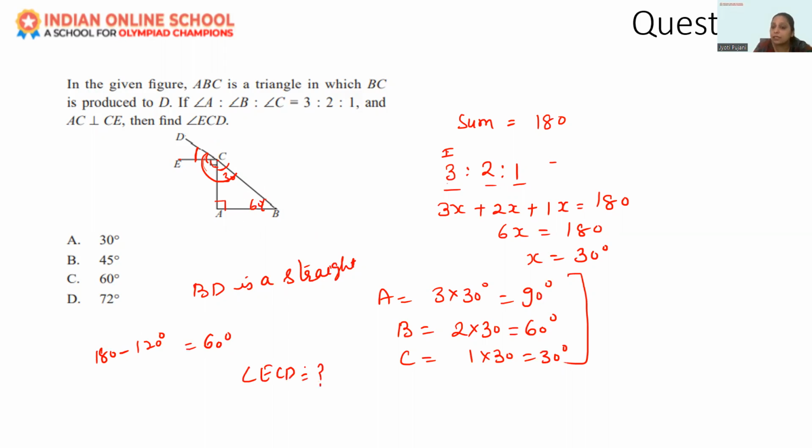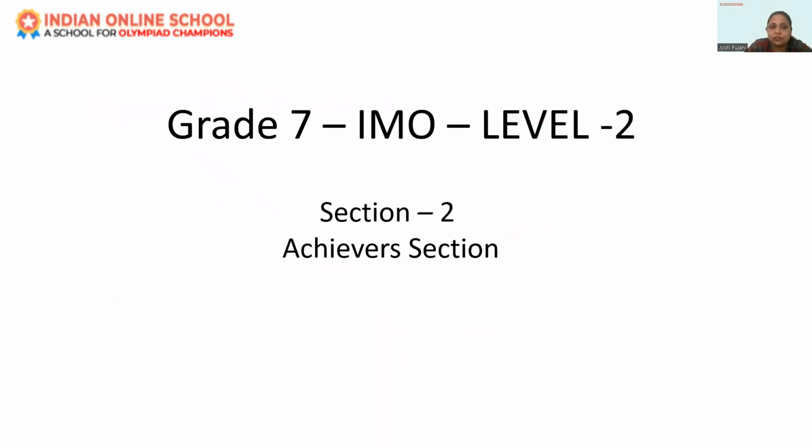Got it, everyone? I am explaining this one again. This angle is 30 degree. Okay, this is 90 degree as this is given. 30 plus 90 is 120. What should be added to 120 to make it 180? So 60 degree. So 60 degree will be your angle ECD. Got it? Now move to the next one now.